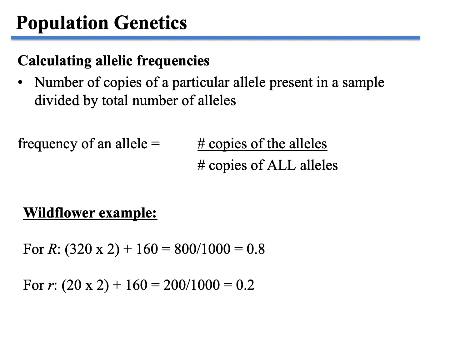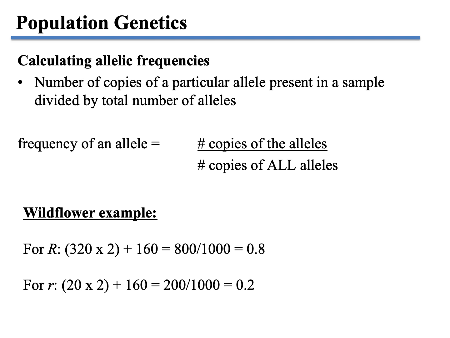We can use that exact same calculation for the allelic frequency of the recessive white allele. In the homozygous recessive individuals, there were 20, again, that were homozygous recessive. And there are 2 copies of that recessive allele present in each of those individuals. So we would multiply 20 times 2.